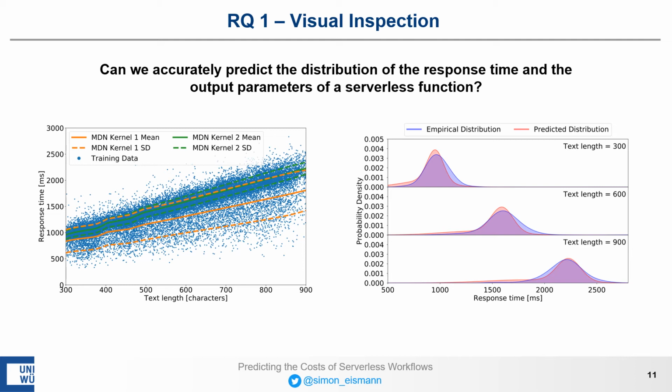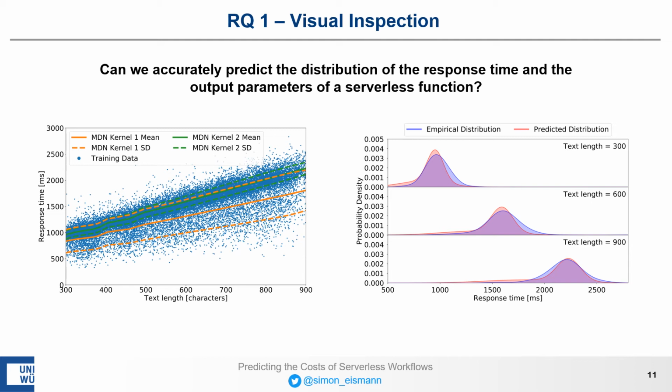As we can see here, this normal distribution is used to fit the bulk of the data. And then we have a secondary kernel with a bit of a lower mean and a broader standard deviation, which allows the mixture density network to explain the outliers that are hanging towards the lower end.